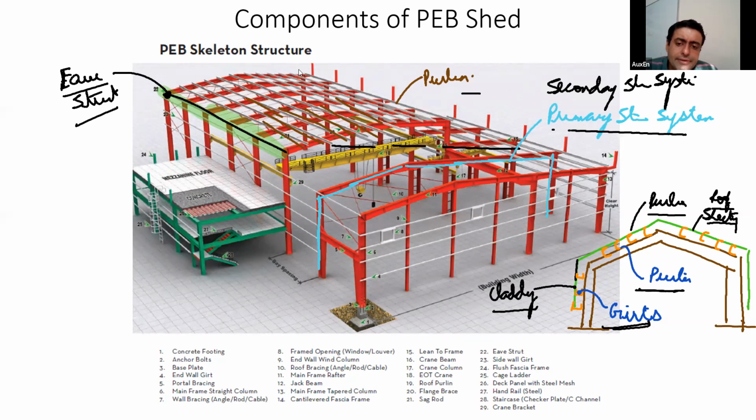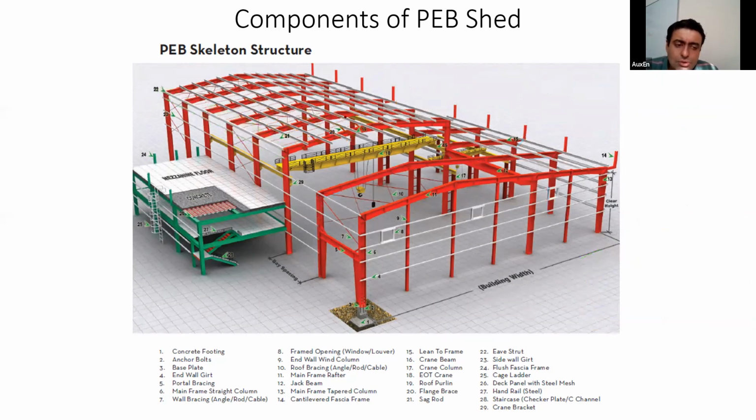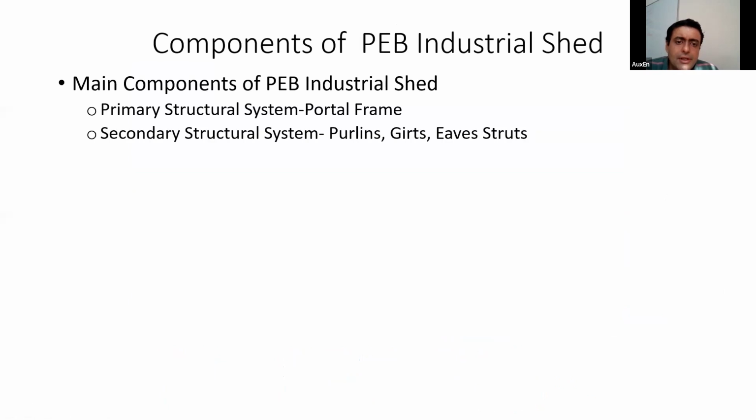Everyone clear? Okay, good. So I'll go ahead and then we will come back to this picture. We have understood the primary structural system, the portal frame. We have understood the secondary structural system, which consists of purlins, girts, eave struts.